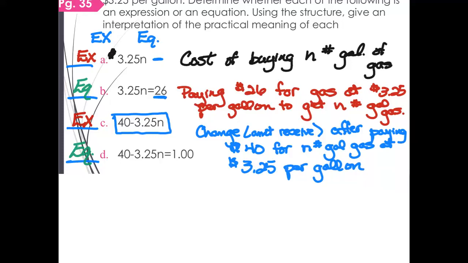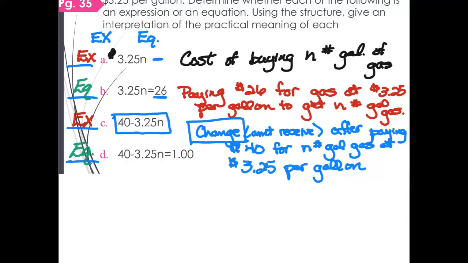Now, maybe that's a lot, but basically the key word is this is the change. This is the amount you're getting back. If you take 40 minus 3.25n, whatever n is, however many gallons of gas you get, the answer to that expression would be the change you get back.